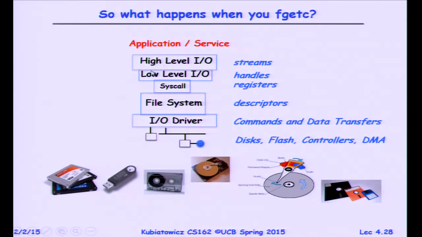So the library looks up that file descriptor, does the actual system call, which takes us through the VFS layer into the file system, and the file system calls the appropriate things for the particular type of file, which eventually calls the device driver. You get the data off the disk, and you work your way back up, and the application's really happy because suddenly it has a character. End of story.